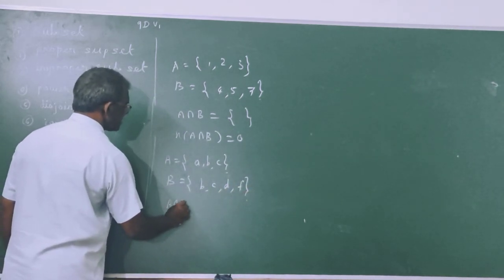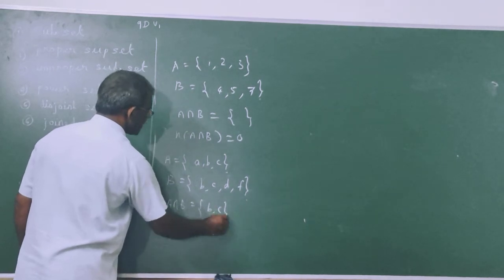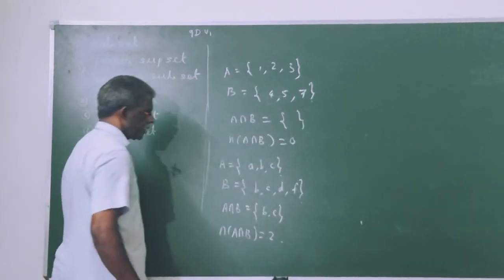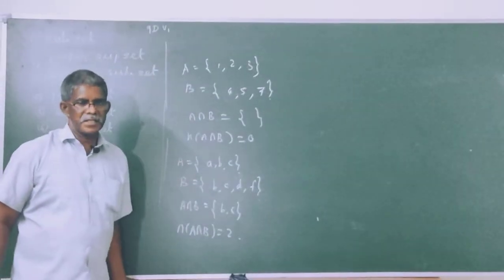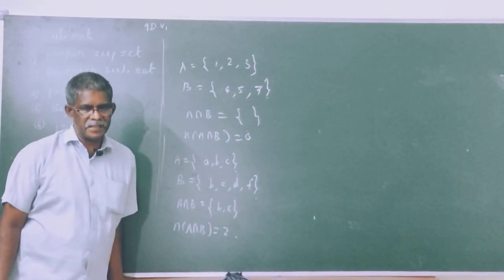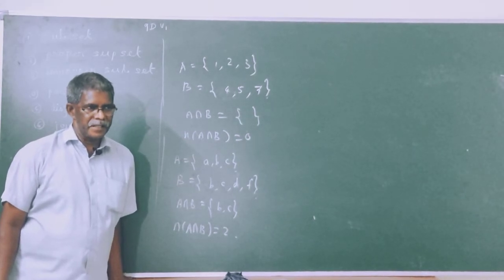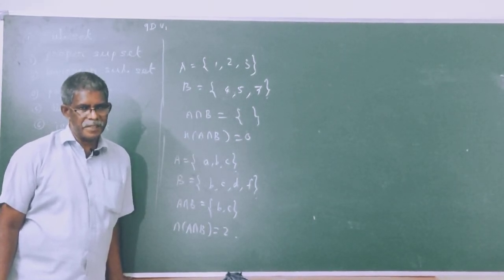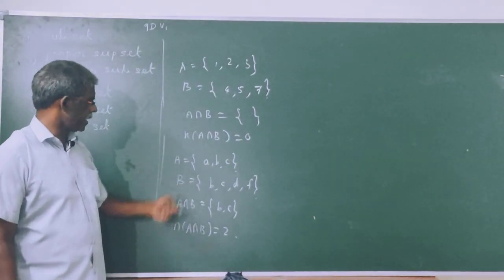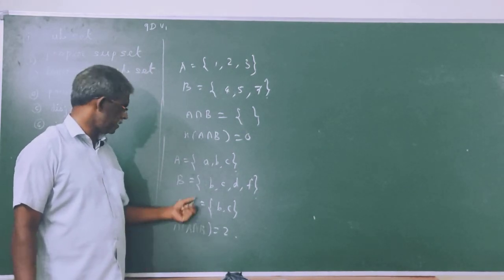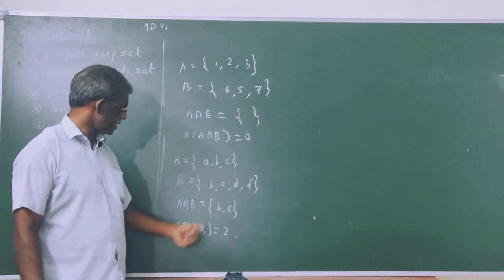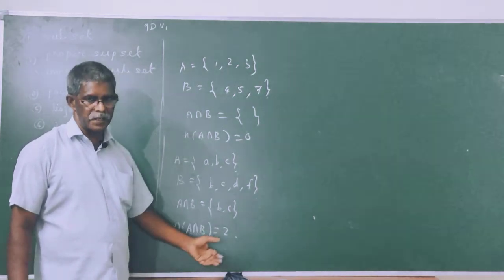Then A intersection B is equal to {b, c}, so n of A intersection B is equal to 2.